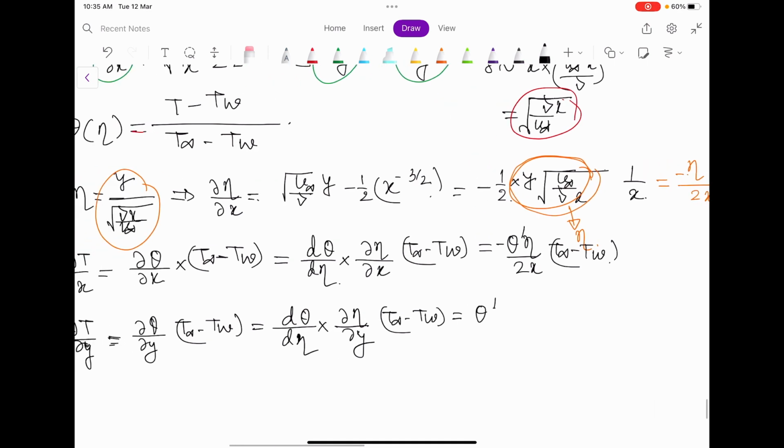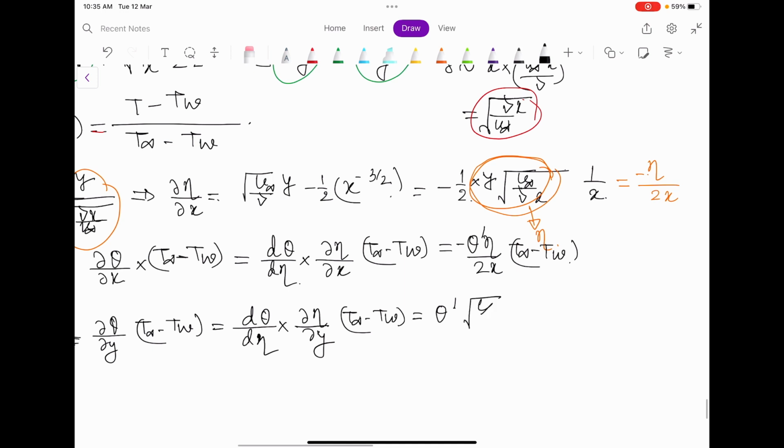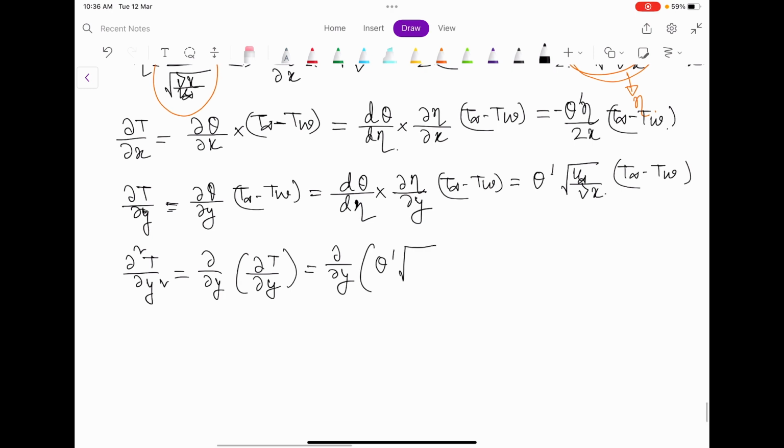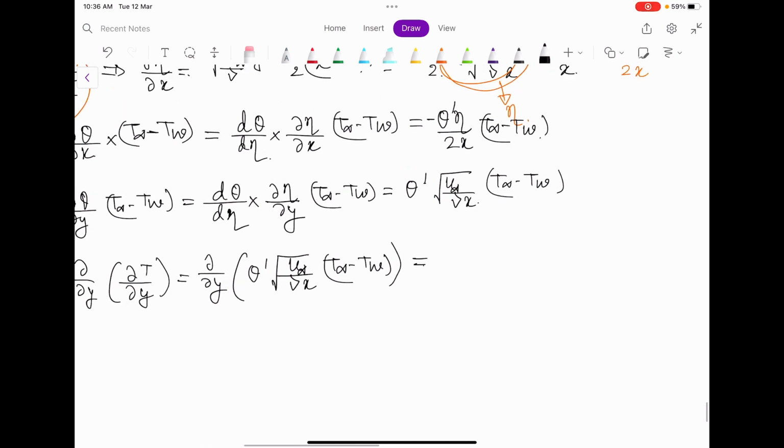This will be just the root of u infinity by nu x, and here it will be the same thing. And now I also have to calculate del 2T del y square. So this will be d dy of the whole thing, that is theta dash T infinity minus T wall, and that will be nothing but what?